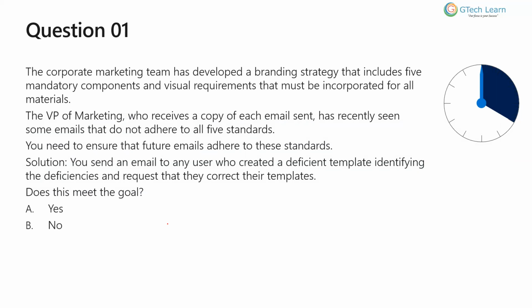You need to ensure that future emails adhere to these standards. The solution provided by the question is that you send an email to any users who created a deficient template, identifying the deficiencies and requesting them to correct their templates. Is this going to meet your goal? Your answers on the chat, please.